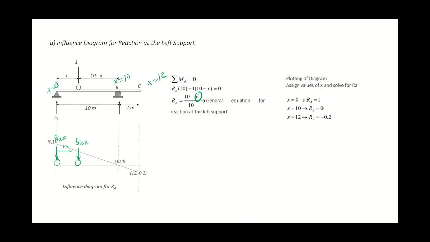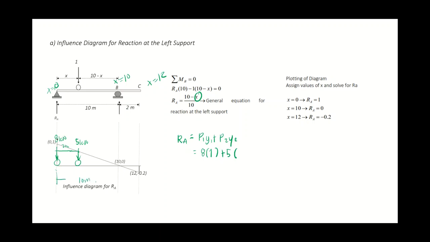The 5 kilonewton goes here. Now, based on the principle of the influence diagram, to get the maximum reaction at A, it is P1Y1 plus P2Y2. Force 1 is 8, and its height in the influence diagram is 1. Force 2 is 5. How do we get its height? By using similar triangles.